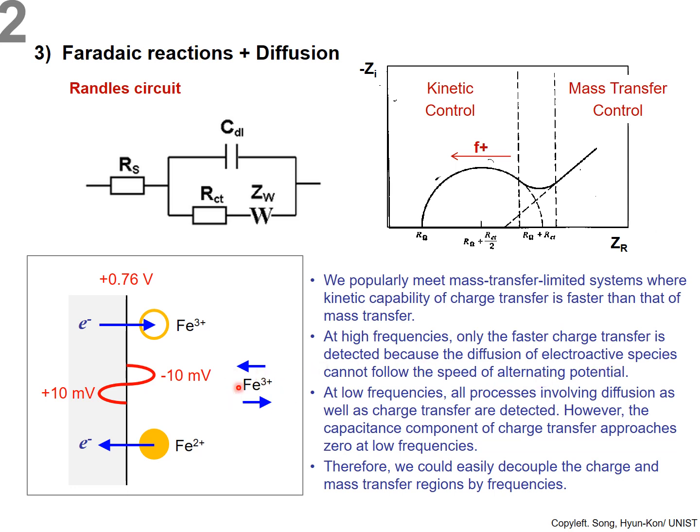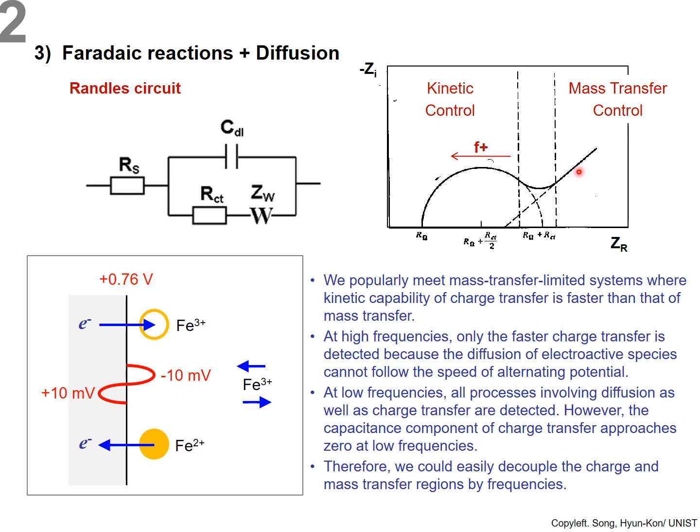The Fe3+ cannot move toward or out of the surface. So, at high frequency regions, you could find just a pure Faradaic process looking like the semicircle, not the impedance here is the reason. So at this high frequency region, we could say the impedance can be controlled by the kinetics of charge transfer.